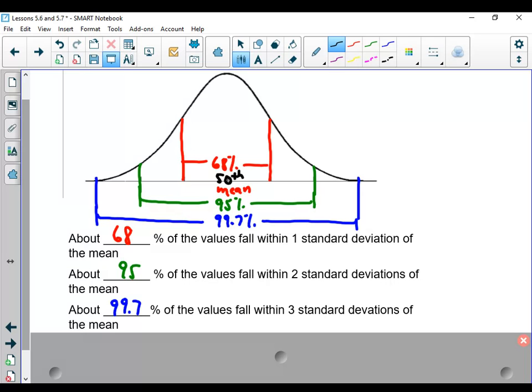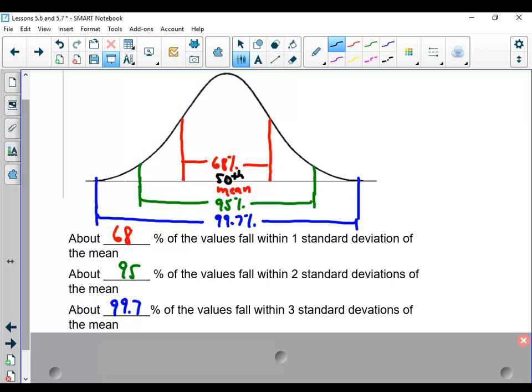Well, then I know if I go one standard deviation each direction, that's a total of 68%. But I also know that my curve is symmetric. So in other words, it's exactly the same on each side. So if I took that 68 and I cut it in half, because that's how much I'd have on this side, that's how much I'd have on that side.